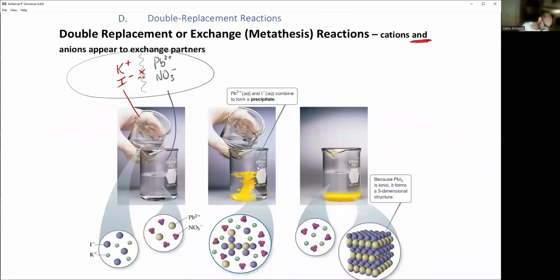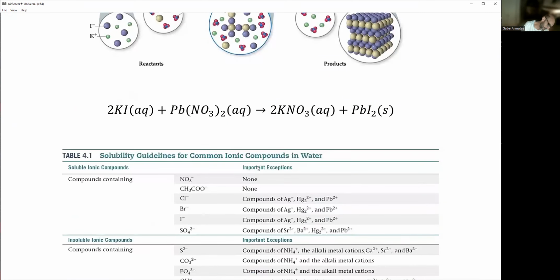Okay, so this is where ions are going to be super important. So again, if we focus on just this one, here's my potassium. Here's my iodine. And notice how the potassium and iodine switched partners, right? As well as the nitrate and the lead switched partners.